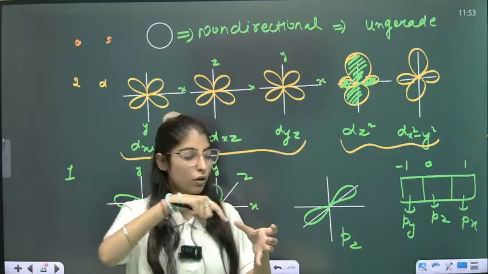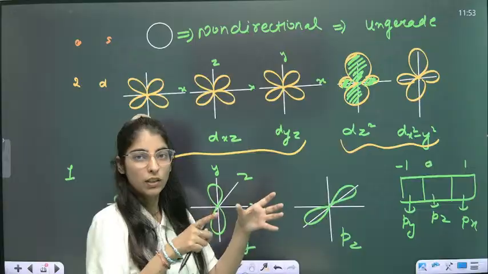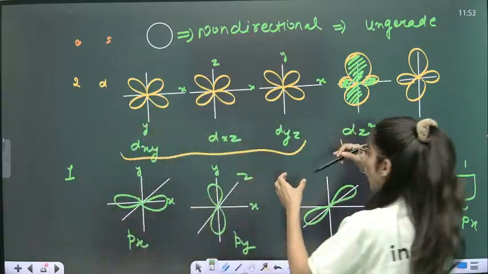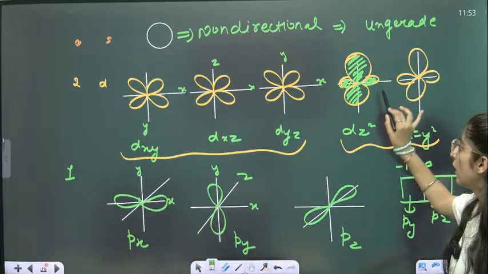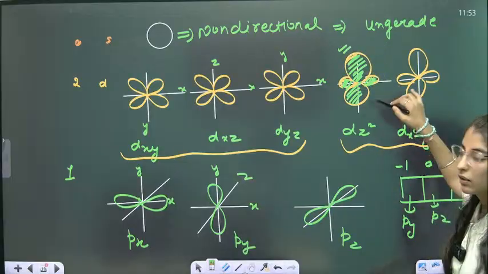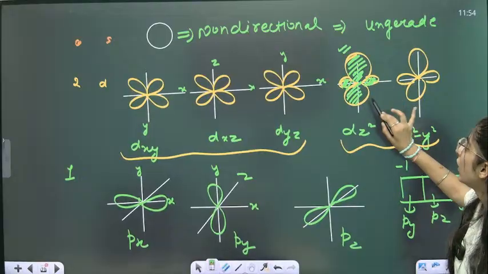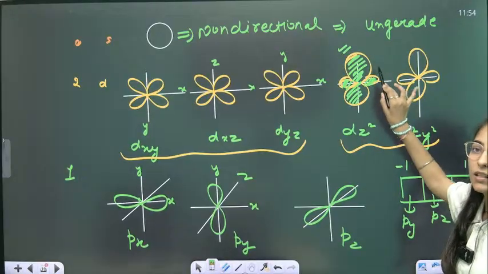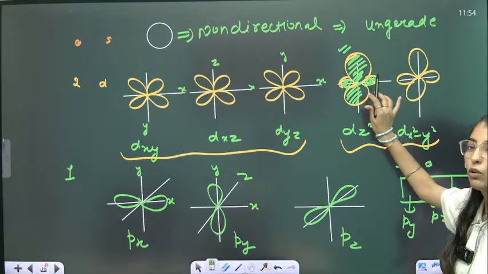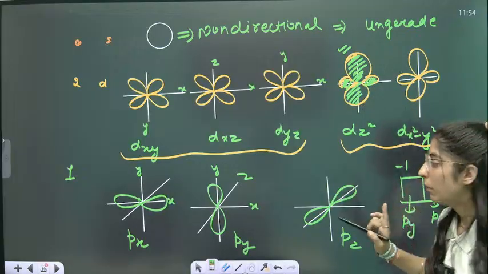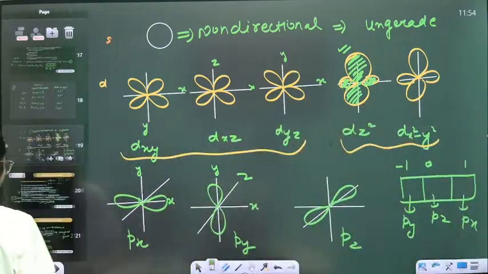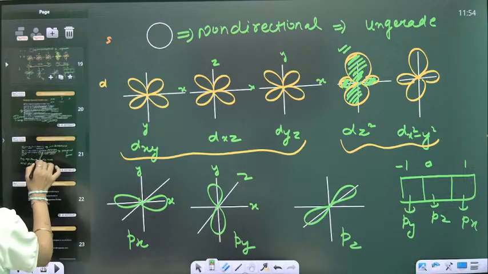Just try to draw a cone on a page, and after that you will be able to draw the shape of dz square. So here you can see in this part the electron density is present, that's why here the nodal plane is 0. But it is not always important that the nodal plane will be 0.